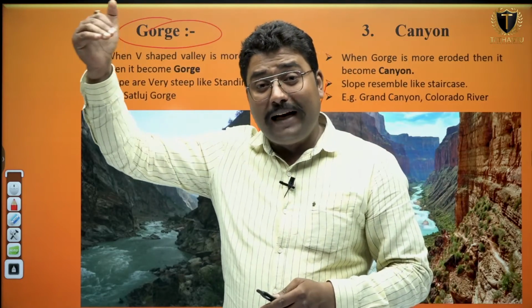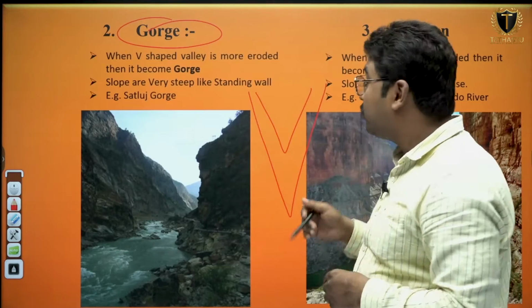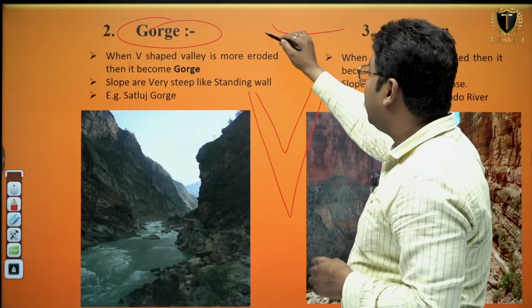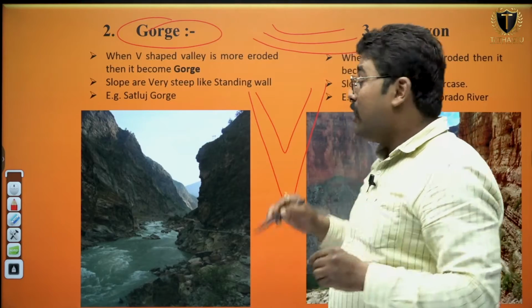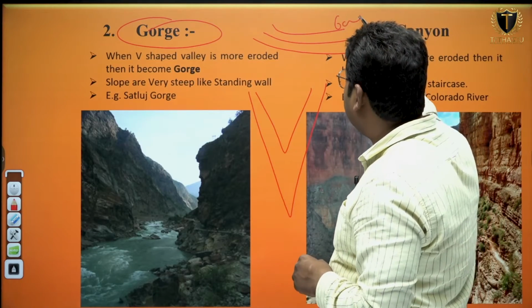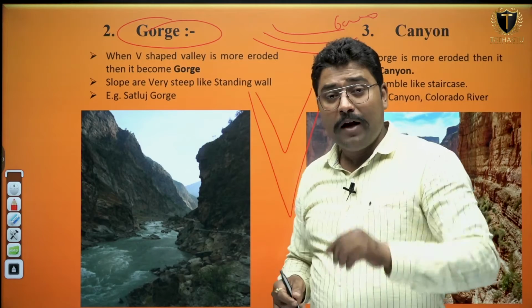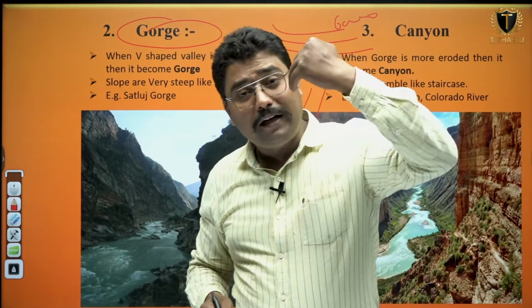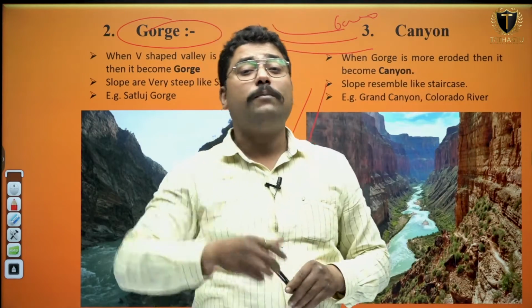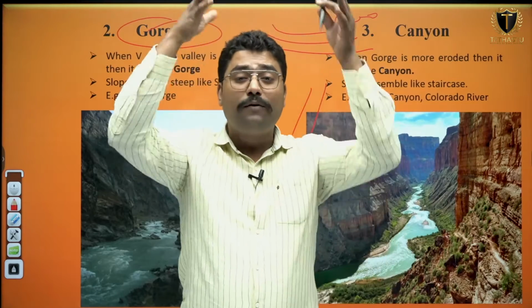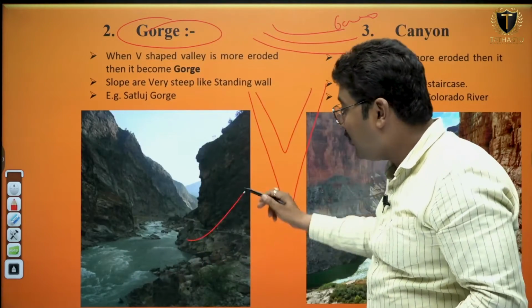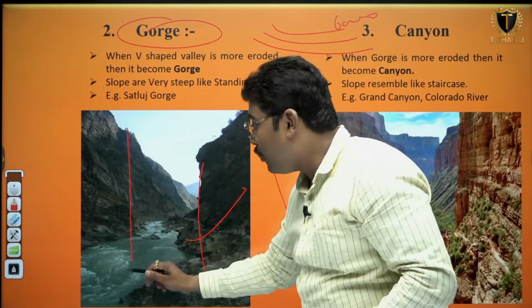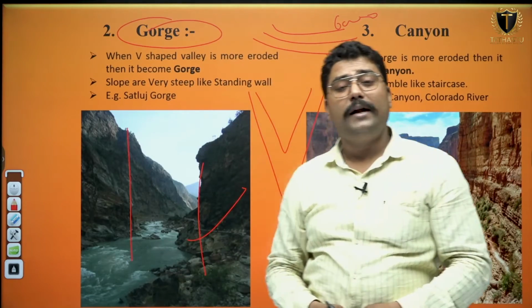If we see the latitudinal division, there are the greater Himalaya, middle Himalaya, lesser Himalaya and outer Himalaya, and the average height of the greater Himalaya is 6,000 meters. So when they cut the greater Himalaya, because of its greater height, the valley will be more deep and the slopes will resemble a standing wall.